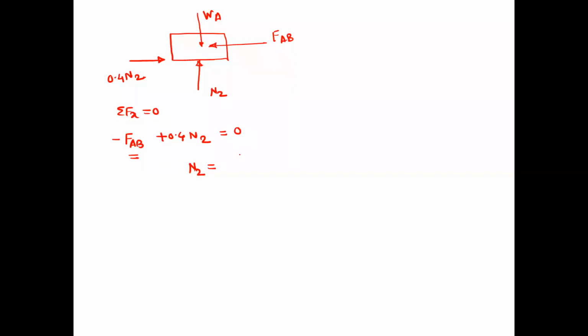This is equal to FAB upon 0.4. So that is equal to 6.03 divided by 0.4. So it is 15.1 kilonewton.